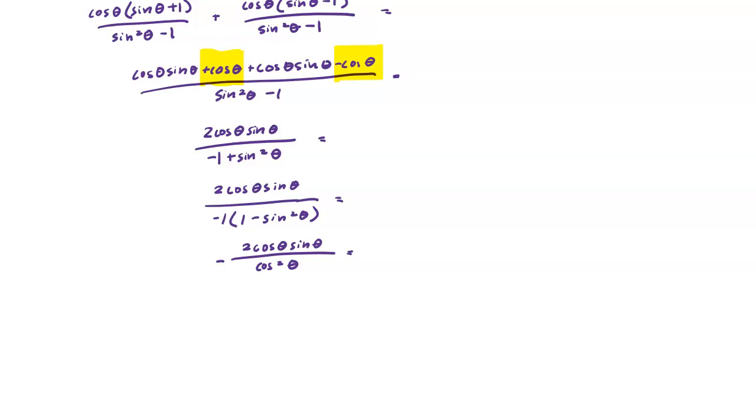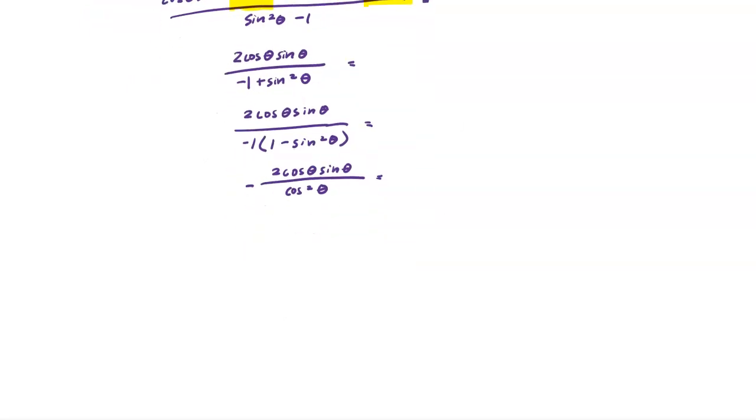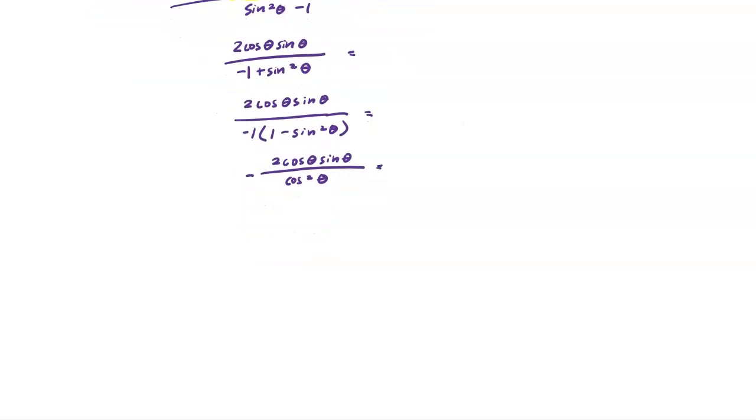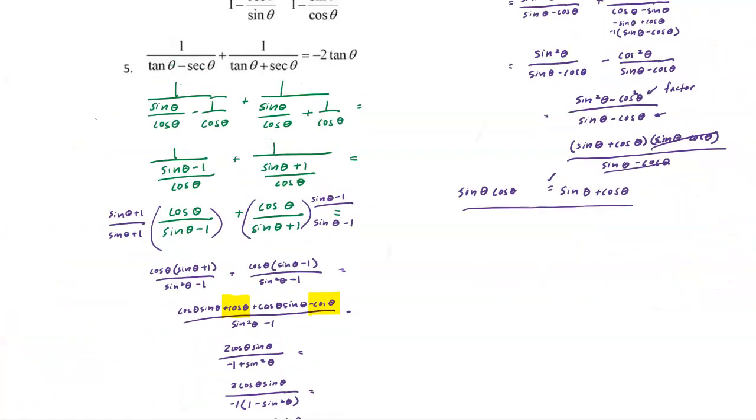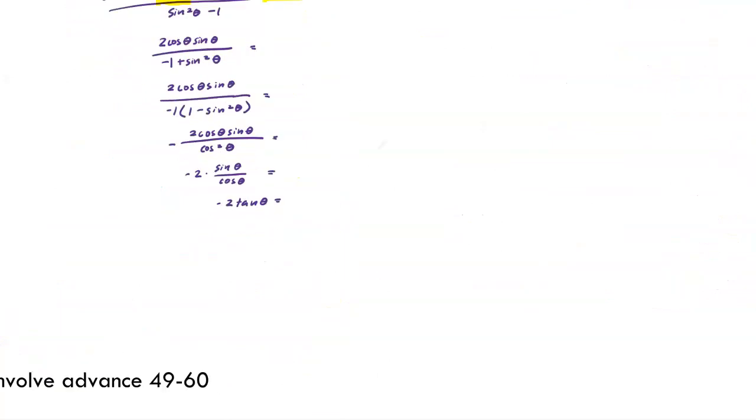Okay, and I can go ahead and simplify the cosine and cosines. So that becomes a negative 2 times, we had a sine of theta and a cosine of theta. So that's negative 2 tangent of theta, which equals all the way up to the top, the right-hand side.